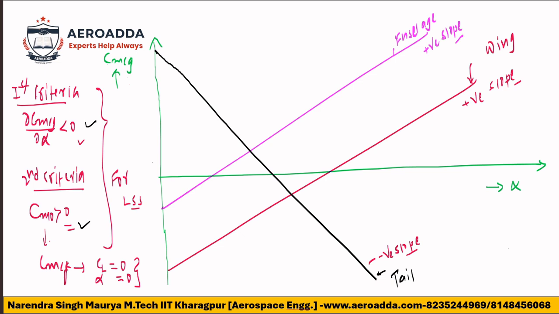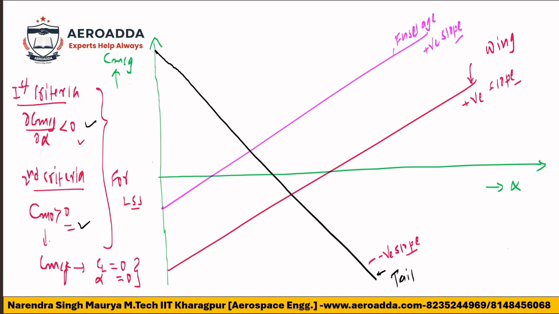Now talk about the power plant. If it was a pusher type airplane, then it will be a stabilizing component. But nowadays we are using propeller type, because pusher type has some disadvantages also. Propeller type means the engine propeller is placed ahead of the main wing, just like the propeller engine you have seen.